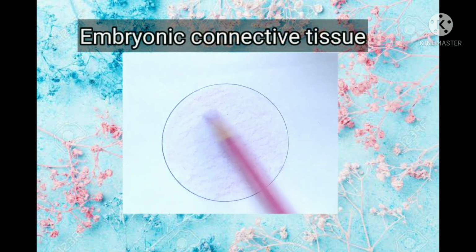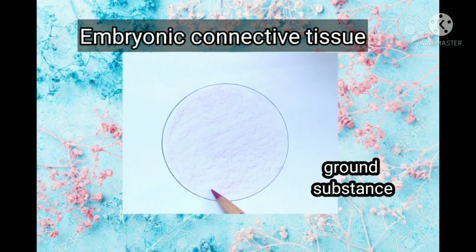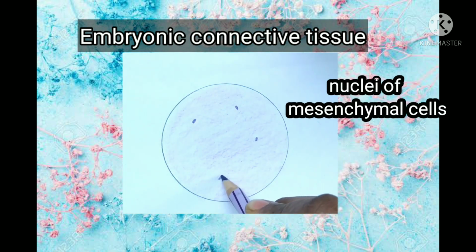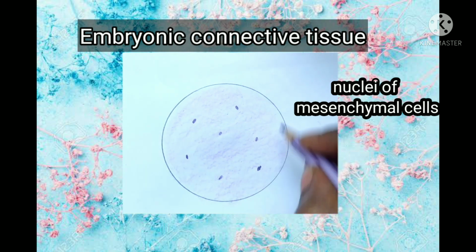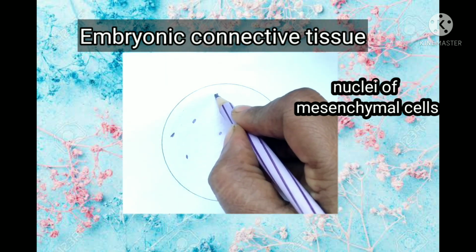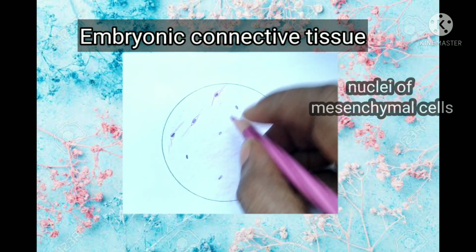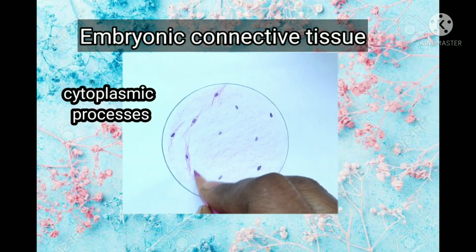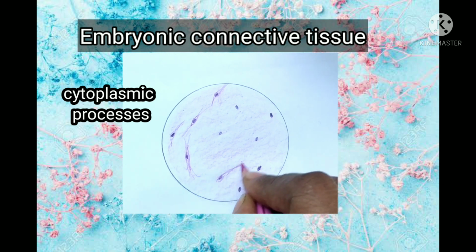Now coming to the embryonic connective tissue, the example is the umbilical cord, where the ground substance is like a jelly. It is called Wharton's jelly, and the mesenchymal cells are spindle shaped. They have an oval nucleus and very little cytoplasm, and they have many cytoplasmic processes extending from the cells.